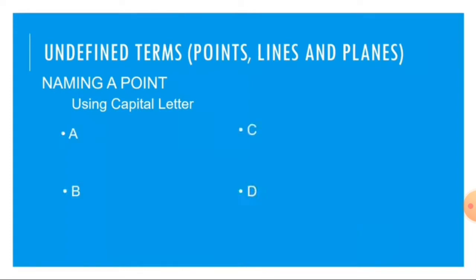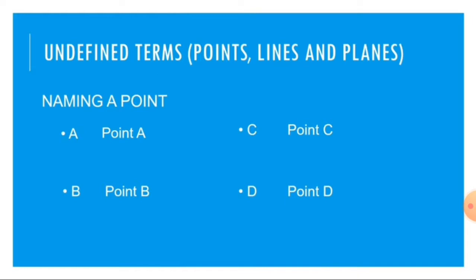Okay, so that is read as point A, point B, point C, and point D. Okay, so this represent this one, yung nakikita natin bago yung mga capital letters ay ang symbol na nagre-represent ng point. So again, you need to have a symbol and you need to have one capital letter, and that represent a point.